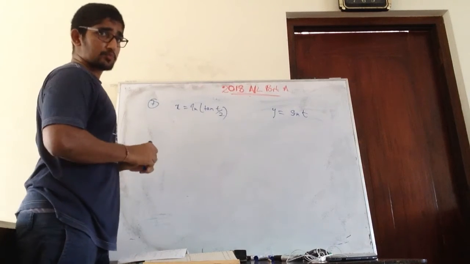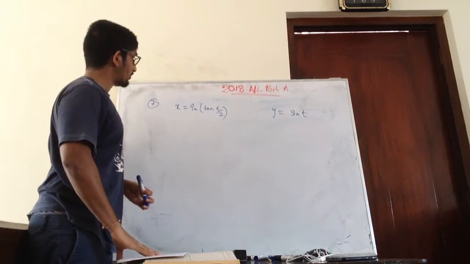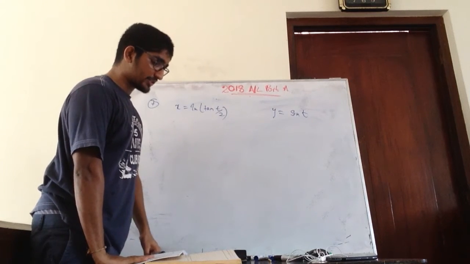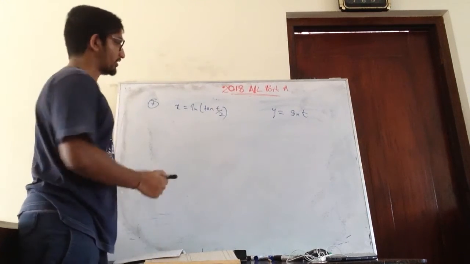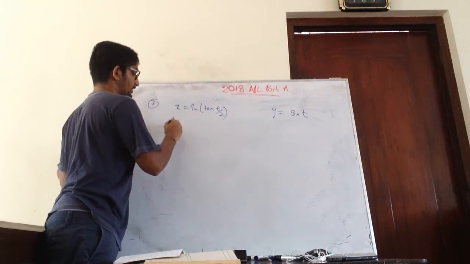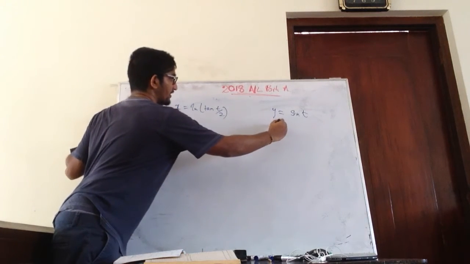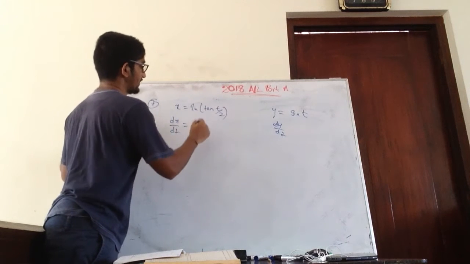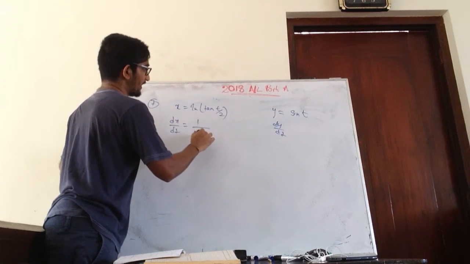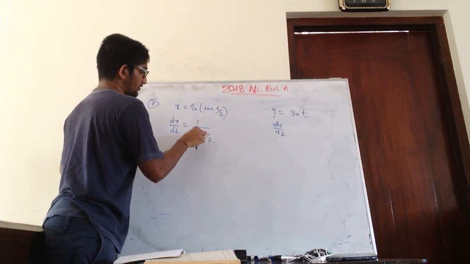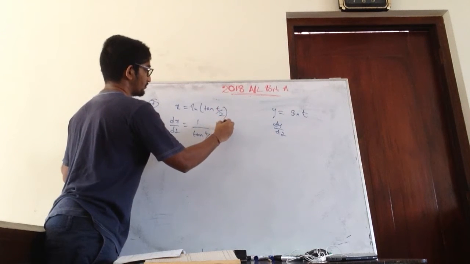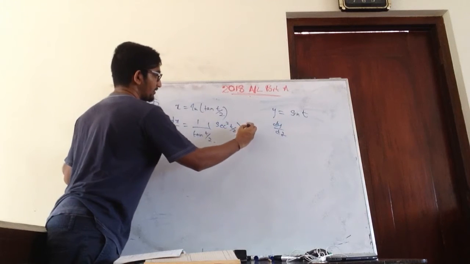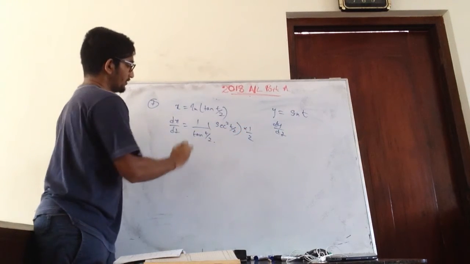Right. Okay. So now here they are asking dy over dx. So first of all we need to find dx over dt and dy over dt. If I take dx over dt, I'll get 1 over tan(t/2). Then I will differentiate this, that is sec squared (t/2) times one half.